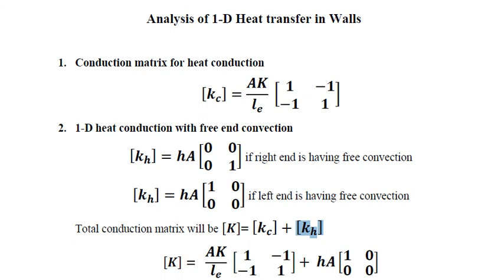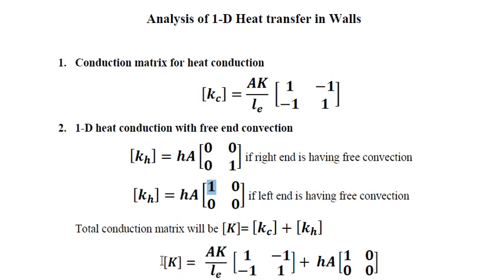We are studying conduction in one direction plus there is some amount of convection. Then we have to add this. It is a small amount, that is H into A, added only at one position. At this end if the right hand is having free convection, at that end if the left hand is having free convection.